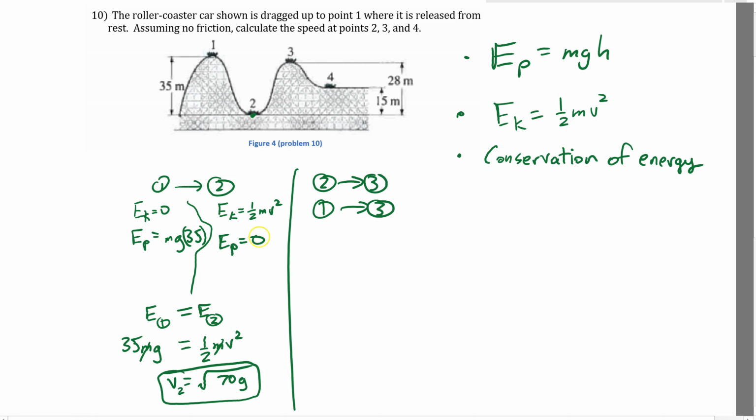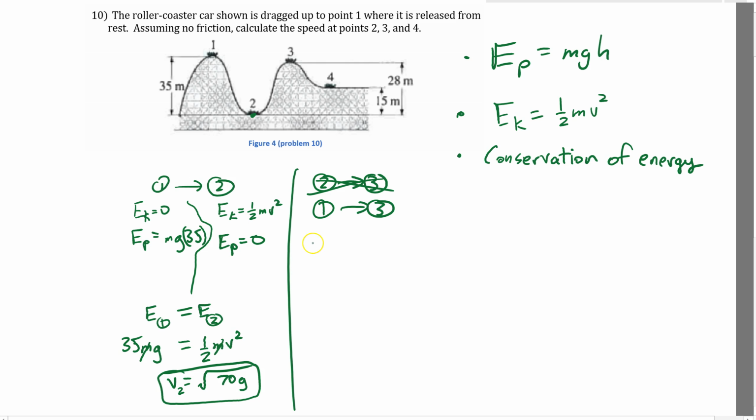So the points where it's 0 potential energy or 0 kinetic energy are useful. But point 1 has 0 kinetic energy, point 2 has 0 potential energy. So either point would be easy to go straight from that to point 3. So I don't see an advantage in either way. But most people working this problem would probably do it 1 to 2, and then 2 to 3, and then 3 to 4. So just to show you that you don't have to do that, I'll go from point 1 to 3. And not 2 to 3. Not that there's anything wrong with 2 to 3, though.